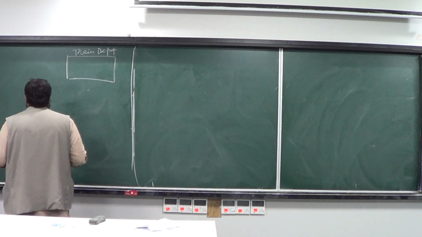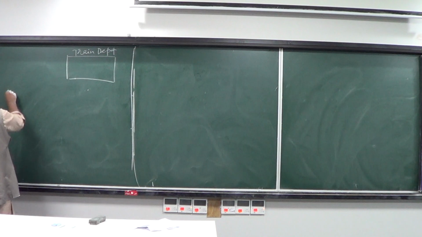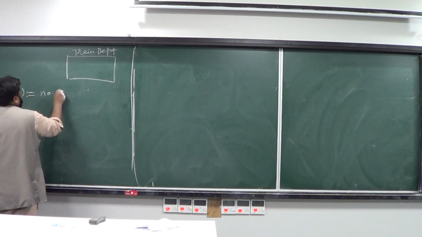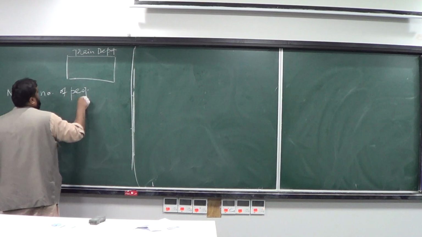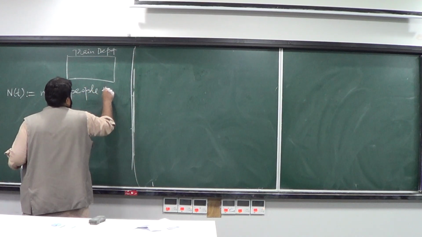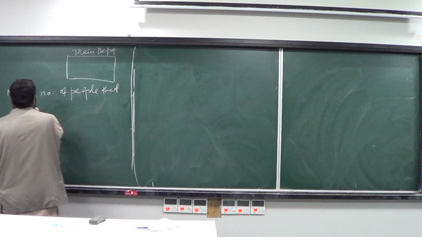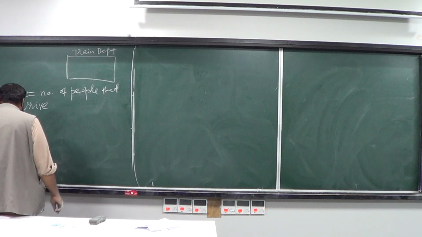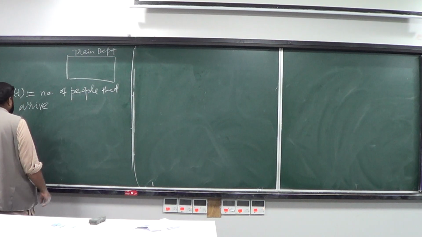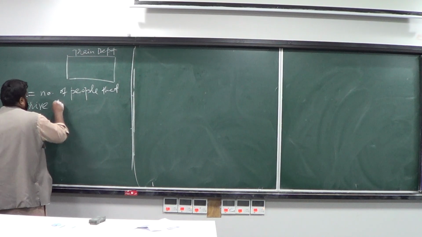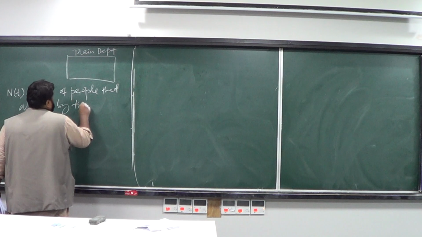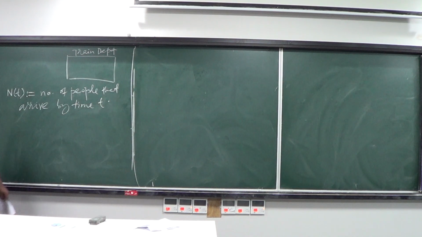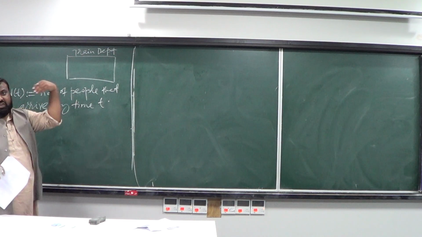And assume that N of t represents the number of people that arrive at this train depot by time t. So N of t represents the number of people that arrive at the depot by time t, or up to time t.